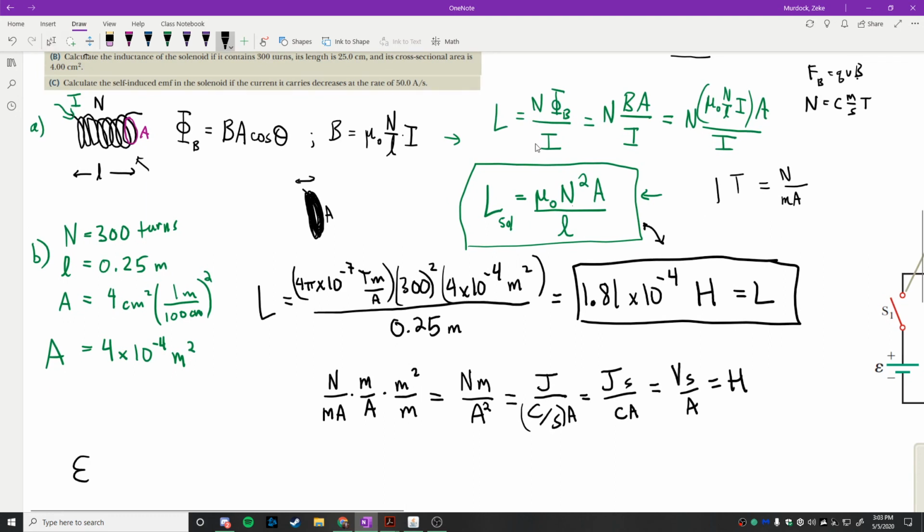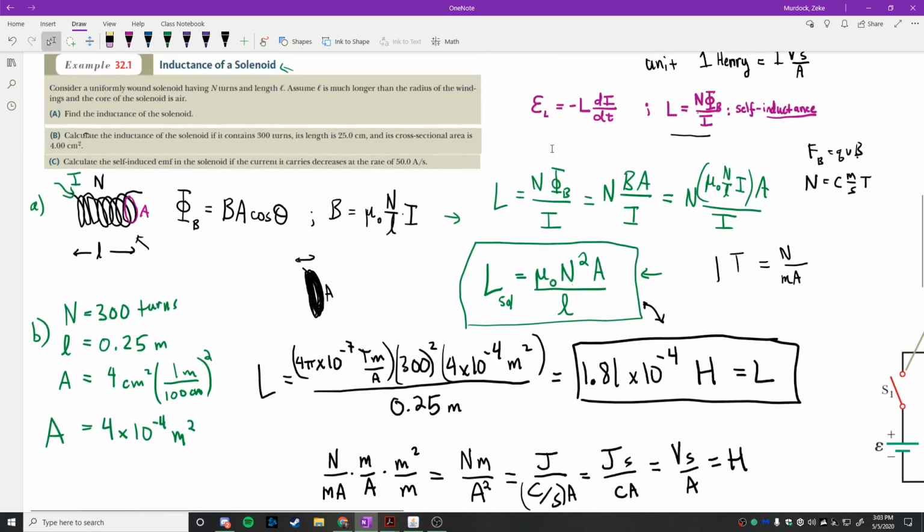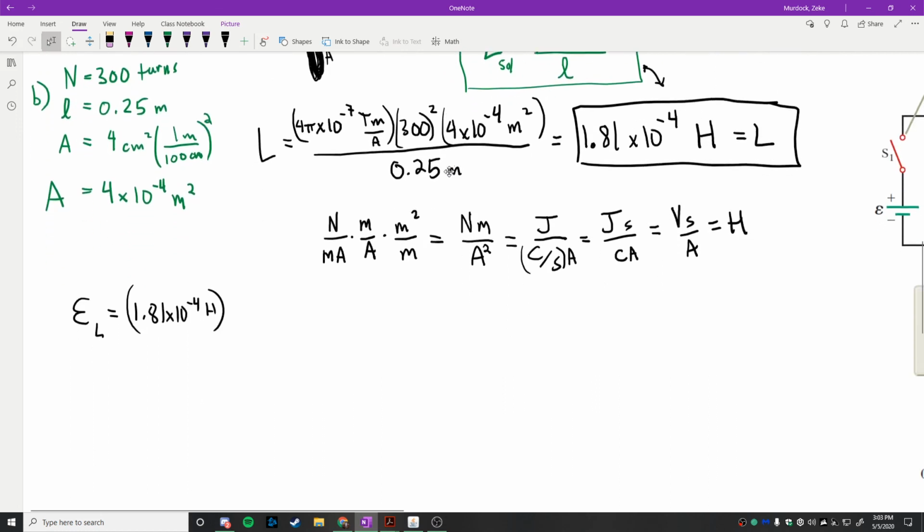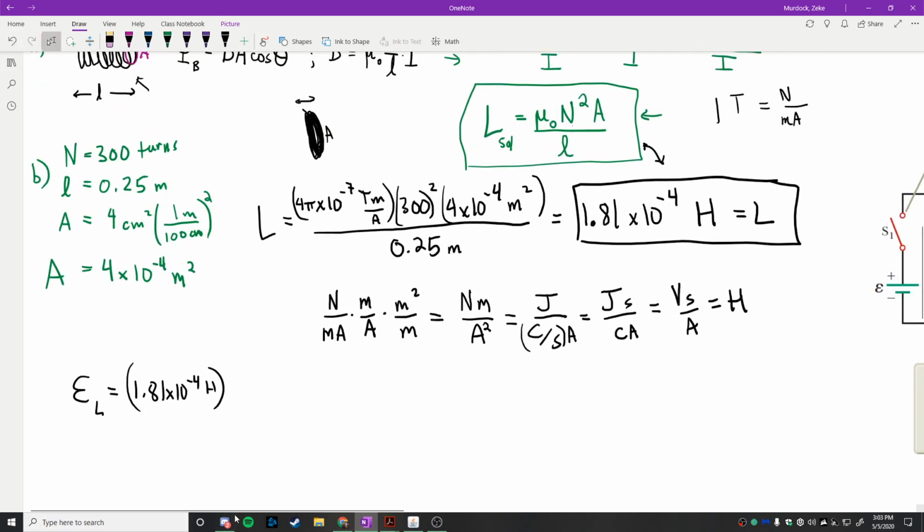The induced self-EMF should be equal to L, which was 1.81 times 10 to the negative 4 henries, multiplied by di dt, and there's a negative sign. Di dt in this case is negative 50 amps per second.